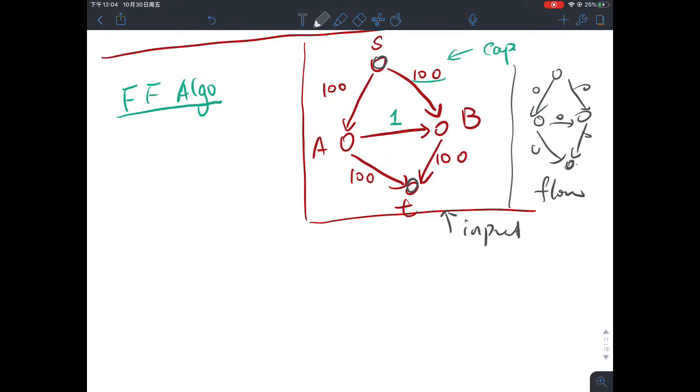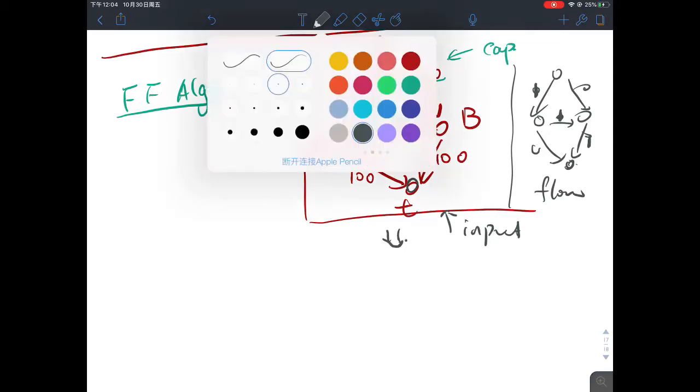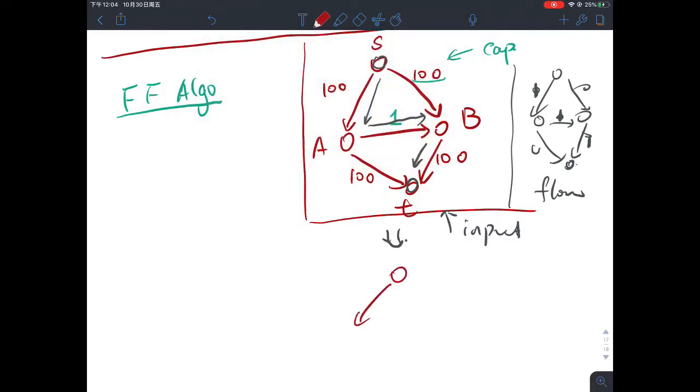So we start with 0, and we first find an augmenting path. In case we find an augmenting path that looks like that, the one highlighted in black, then we are going to push 1 unit of flow along this path. Now we do an update, and after we push 1 unit of flow, the residual graph gets updated as well. This is what the new residual graph looks like.